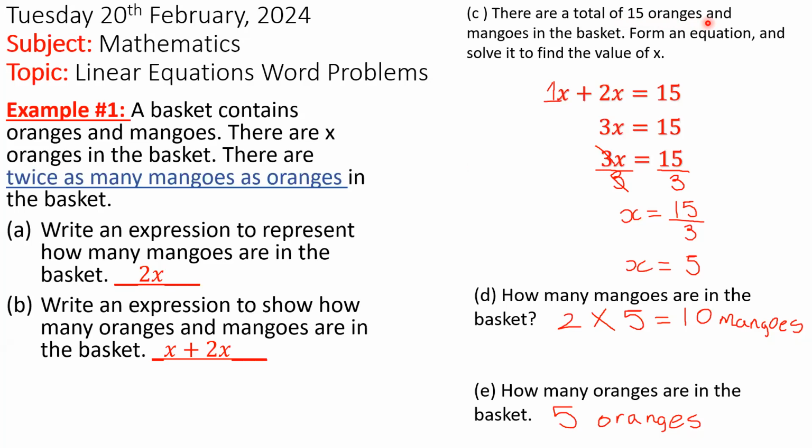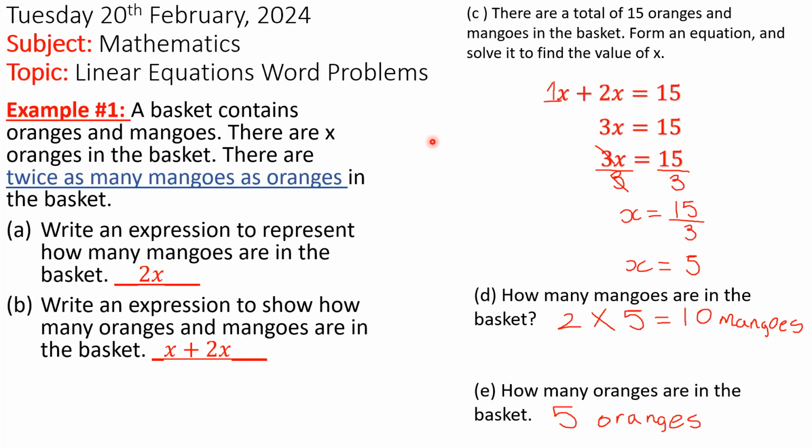X plus 2X equals 15. X plus 2X equals 3X because the coefficient of X is 1, which would equal 15. And then we divide 3X and 15 by 3, which would give us X equals 5. And then D, how many mangoes are in the basket? So we got 2 from the expression for mangoes, so 2 times 5 equals 10.